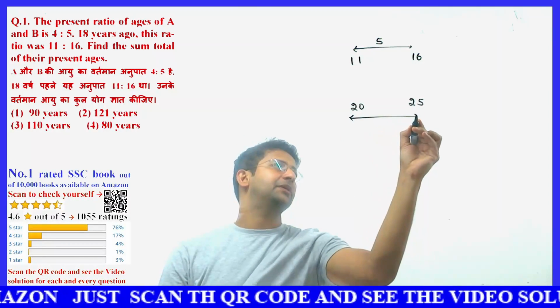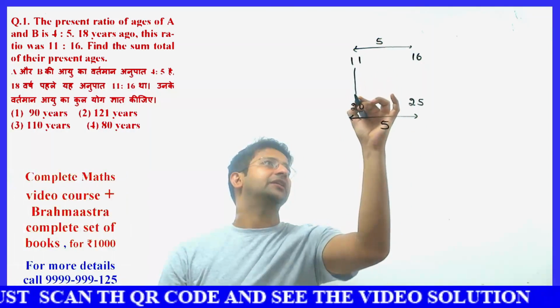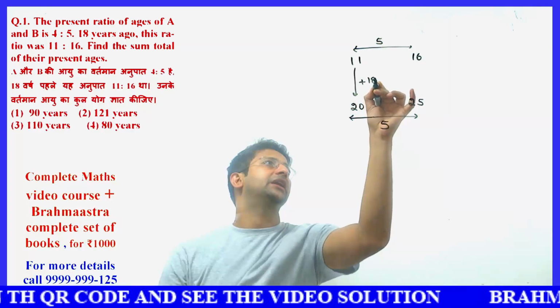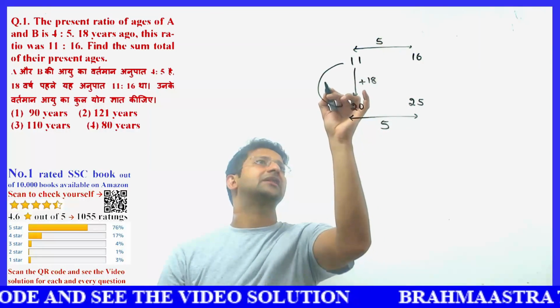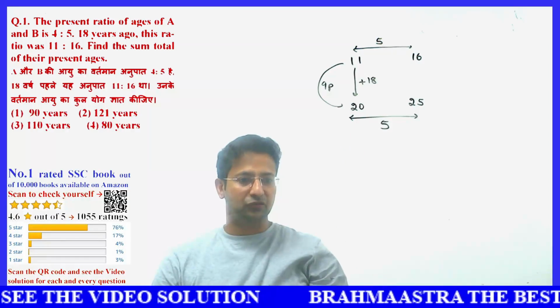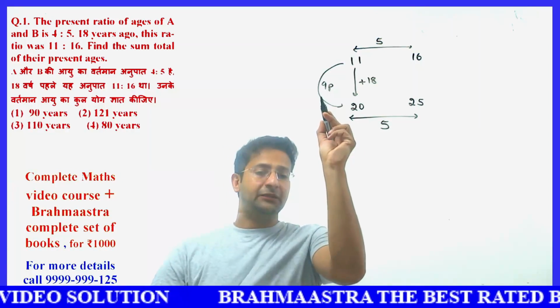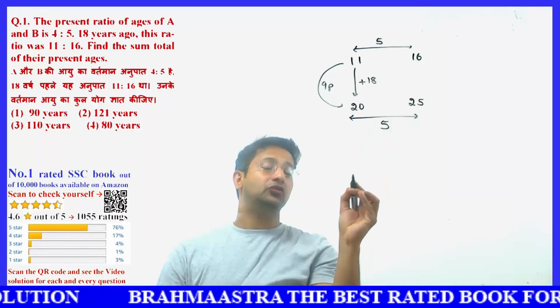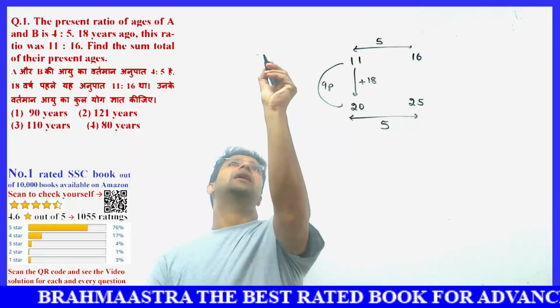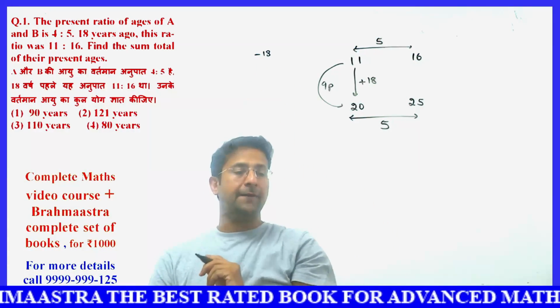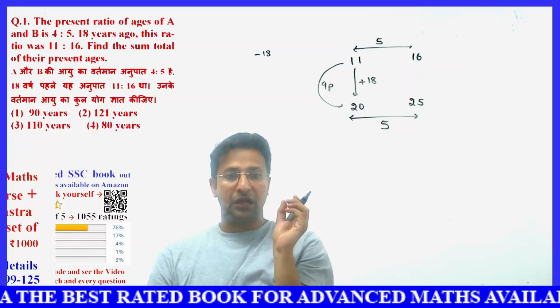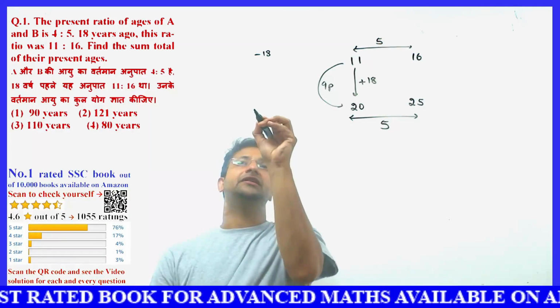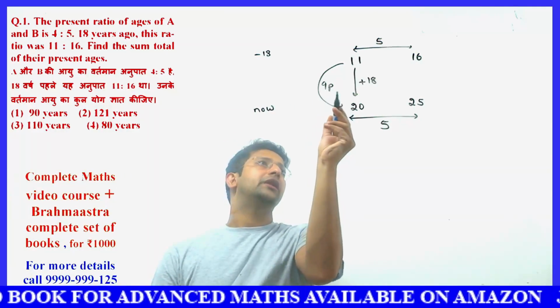Here also this gap is 5, and it is written that this is plus 18. And this is how much? This is 9 parts. Can you solve it verbally now? So these 9 parts correspond to 18. This is minus 18 years ago, and this is now.